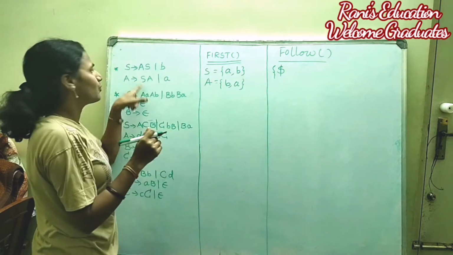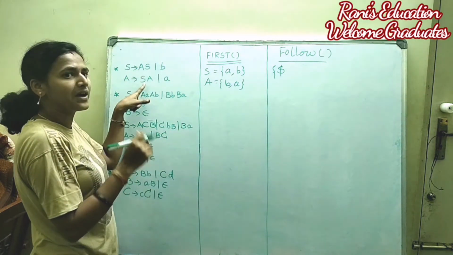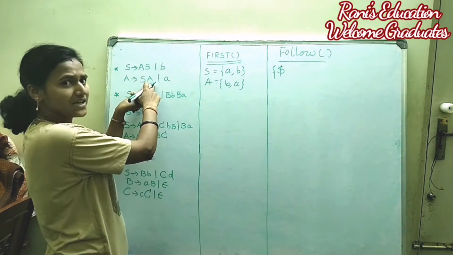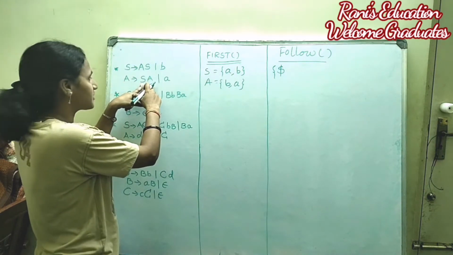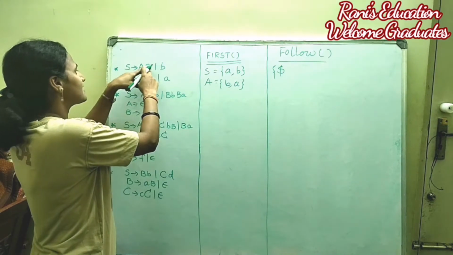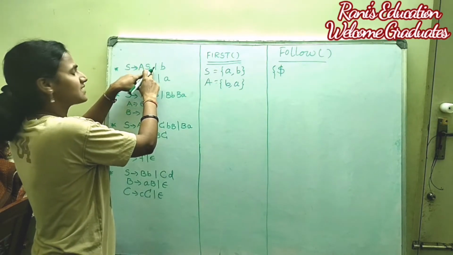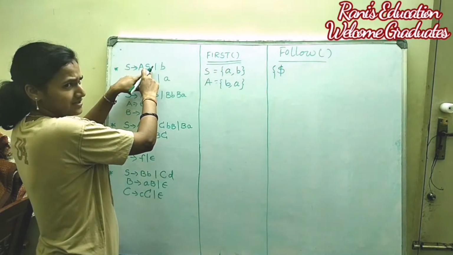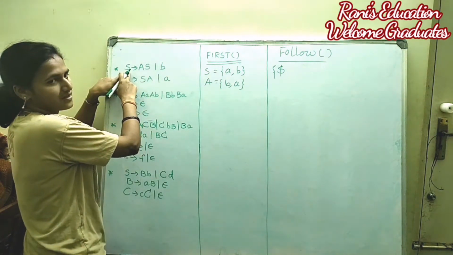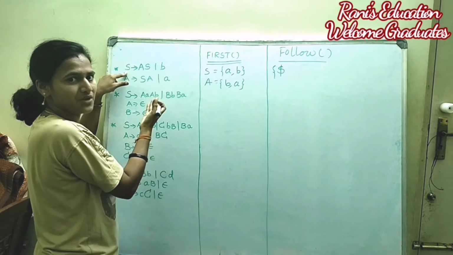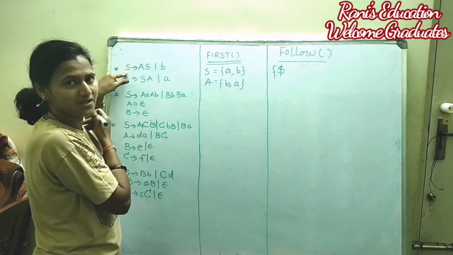Now you have to check whether S is defined anywhere in the grammar productions at the RHS. Yes, we have two such productions, right? In S → aS, S is at the end of the RHS, which means follow of S equals follow of S. The same grammar symbol is used, so nothing will be gained here.